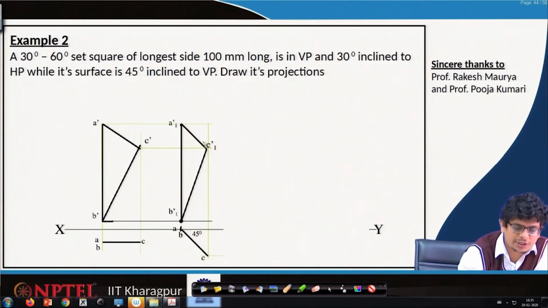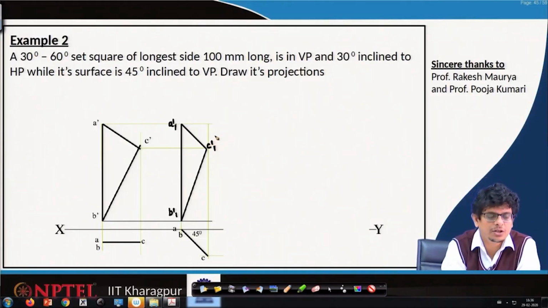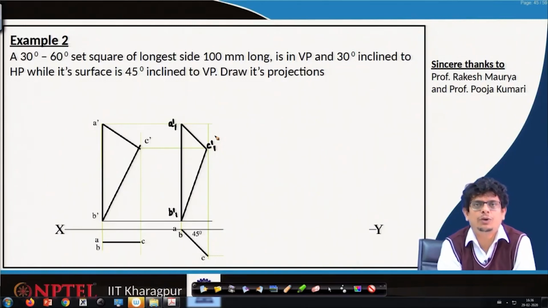Similarly, the C projection all the way there and the C prime projection to that. Now call these points A1 prime, B1 prime and C1 prime. This is the first projection or rotation that we made with the vertical plane.